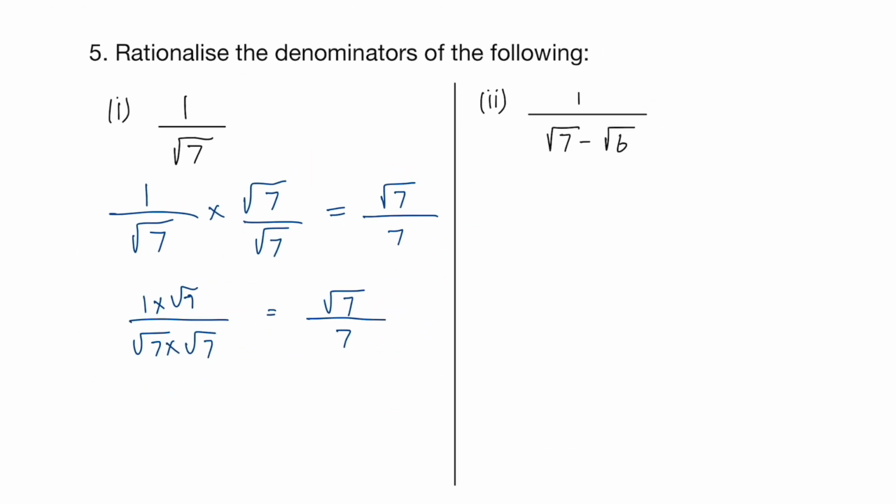Now, is it a rational number? 7 of course is a rational number, and that is the denominator here. The root 7 in the numerator is not rational, but we are not worried about that because we are just asked to rationalize the denominator, and 7 here is the denominator, which is a rational number. So that is it for this particular subdivision.